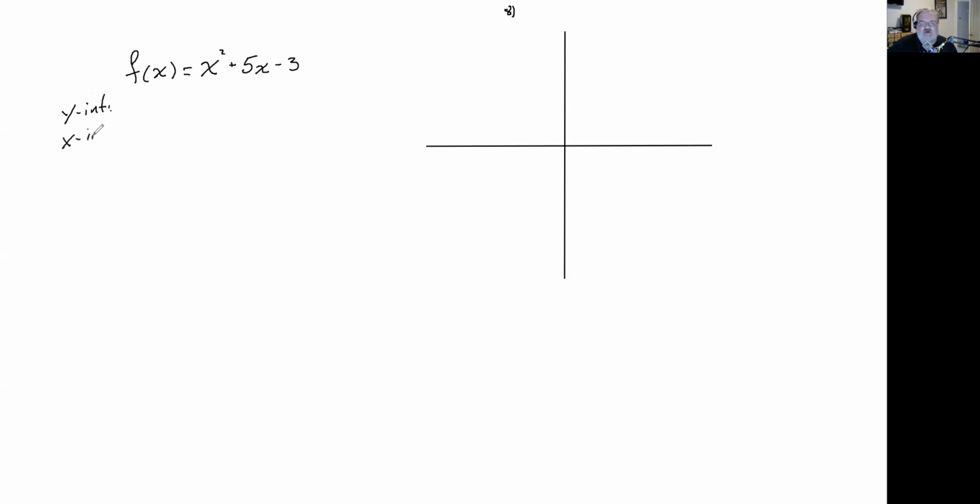Y-intercepts, x-intercepts. We should be able to determine a vertex. We should be able to find domain, though you're right, for quadratics it's always all real numbers. And we should be able to determine a range.